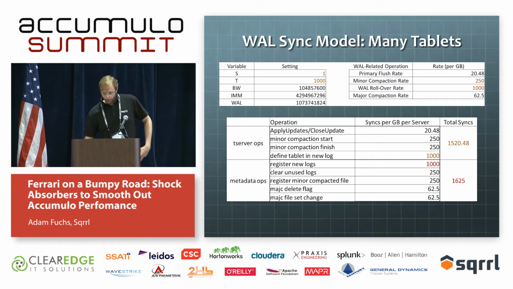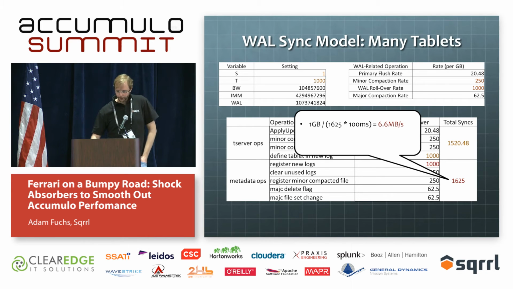So with that, we get some different calculations down here, and we can see that there's a bottleneck. Now it's on the metadata table because we're accounting for basically those registration of new logs on the metadata table. And with all those other operations, ends up being 1,600 plus syncs to write a gigabyte of data.